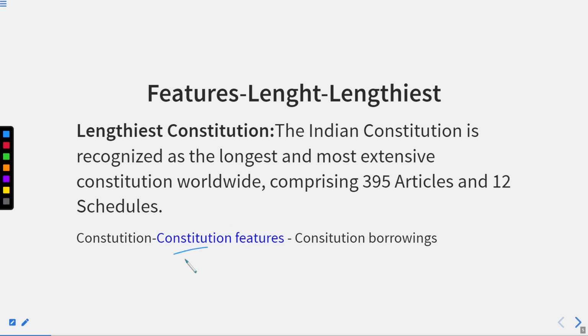Thereafter, we have to talk about the constitution's features. When we see the first feature, we have to deal with the length. Constitutional length.